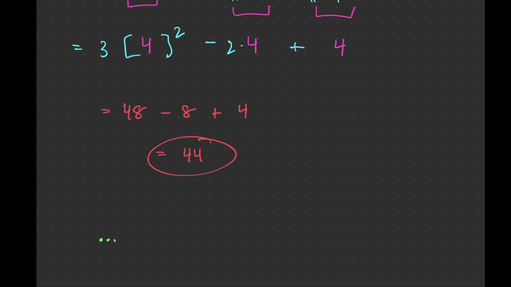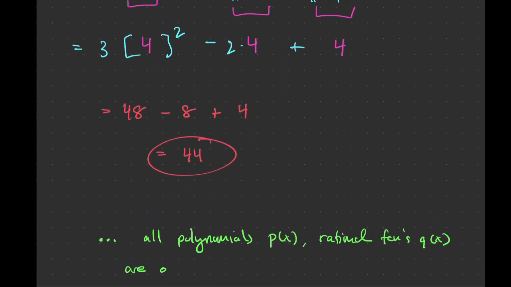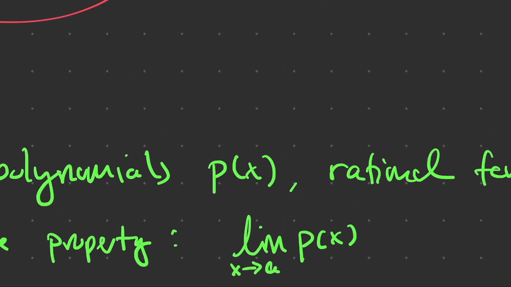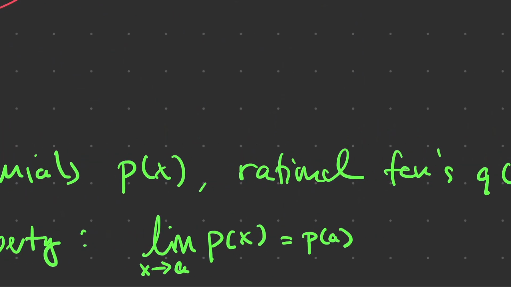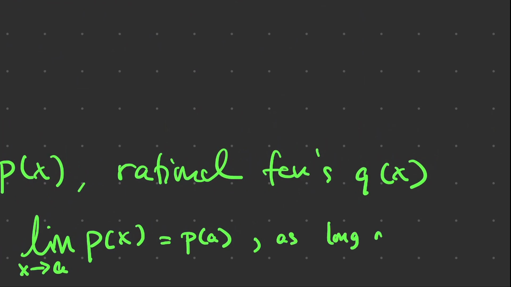But eventually, you can come to the understanding that all polynomials p of x, or rational functions q of x, have the property that the limit of p of x as x approaches any a is equal to p of a, as long as a is in the domain.